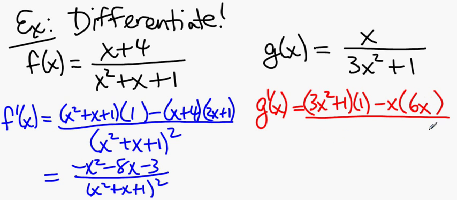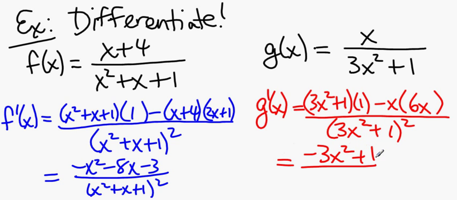For the rest you won't be scared. It's all over the bottom squared. Now, I would have left it in this form, but some people are going to simplify, and that's fine too. Cool? Cool.